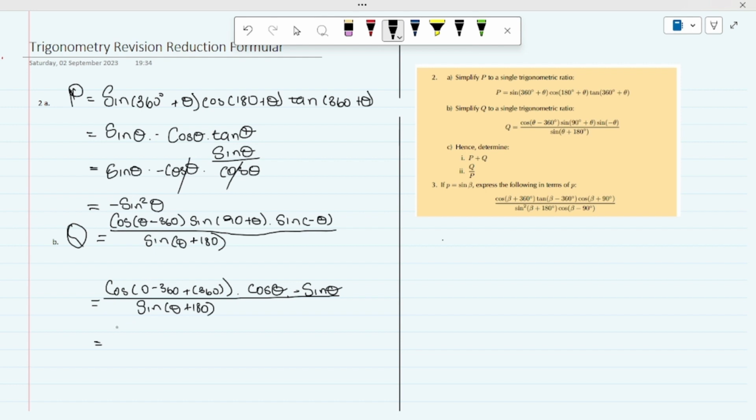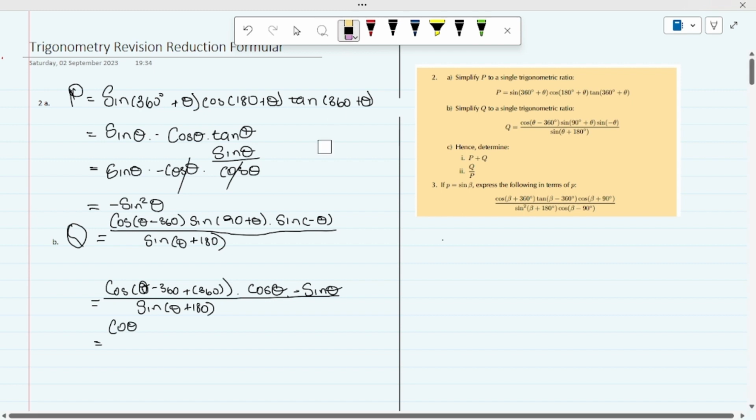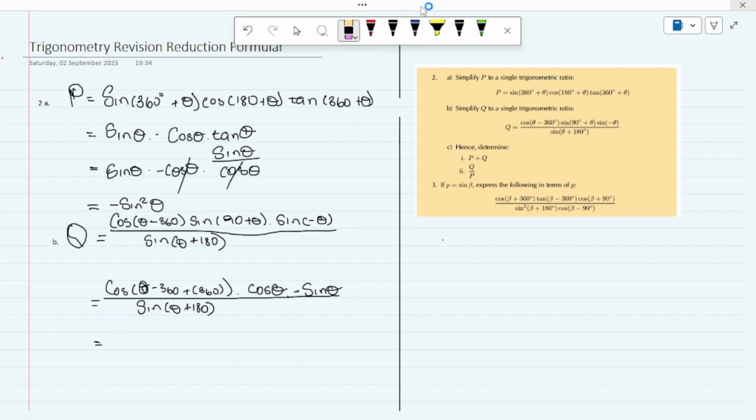So this is gonna be cos theta. So the answer for here is gonna be cos theta, because minus 360 plus 360 is gonna be 0. And then the cos of a positive angle is gonna be cos of that angle, and then it's gonna be cos theta again multiplied by minus sine theta.